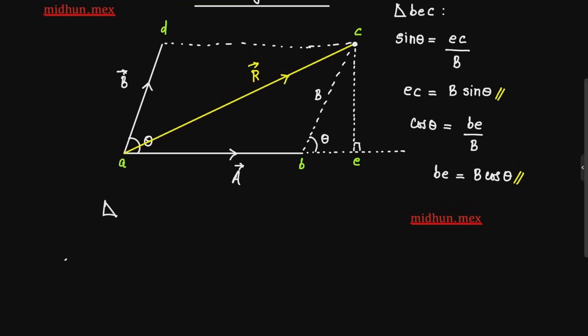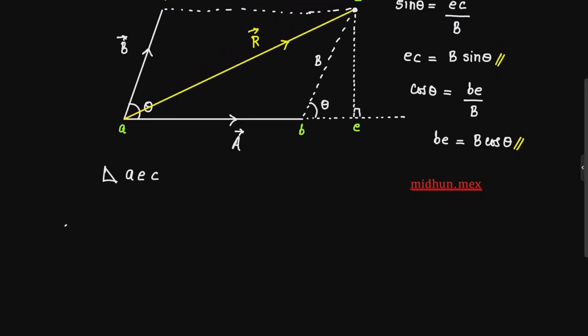My aim is to find this capital R value. In order to find that, I am taking the bigger triangle AEC, and R will be the hypotenuse. R is your A plus B value.